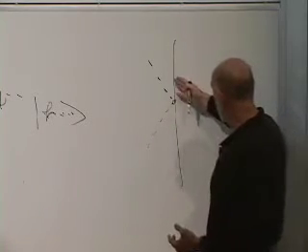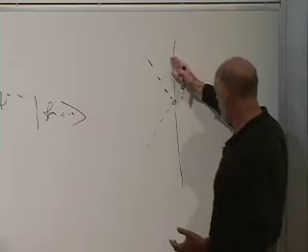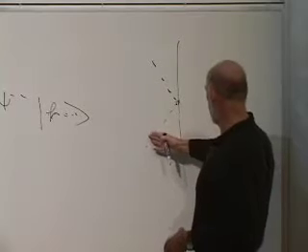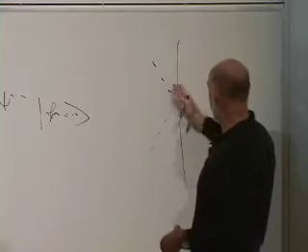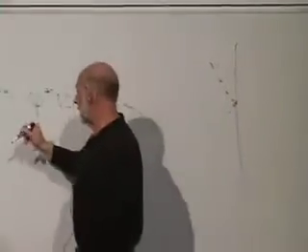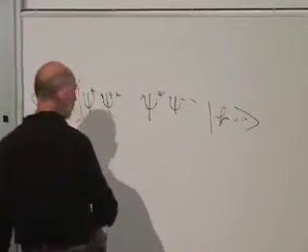The target was there at all times, and so the particle could have scattered at any time whenever it gets there, and that's represented by integrating this over time.